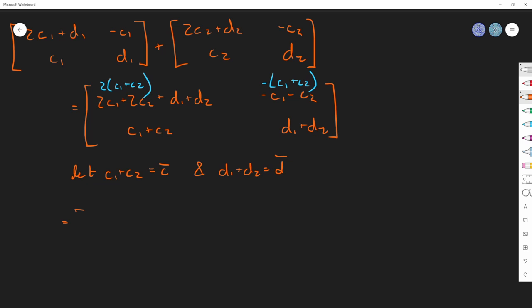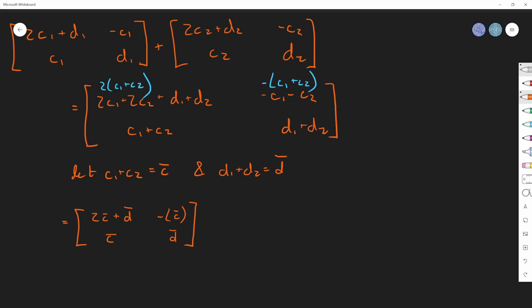When you substitute those in, you'll have 2C bar plus D bar. The bottom one would be C bar. The top right would be negative C bar, and then D bar.